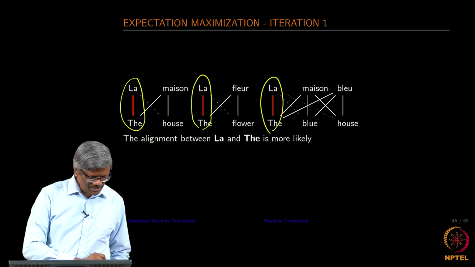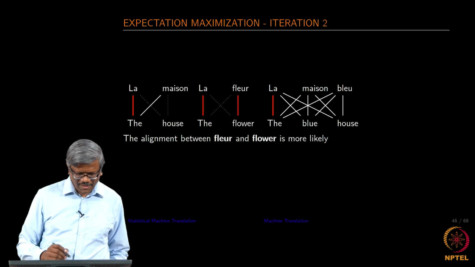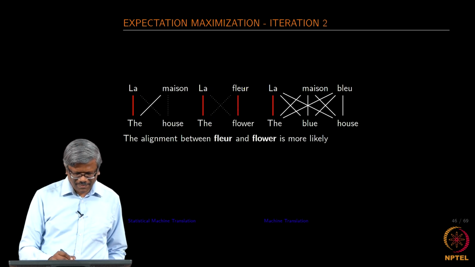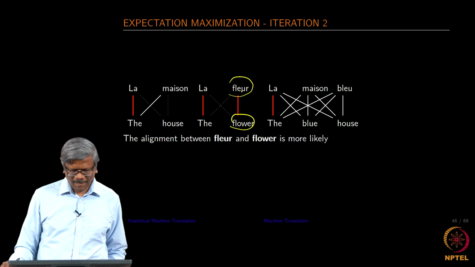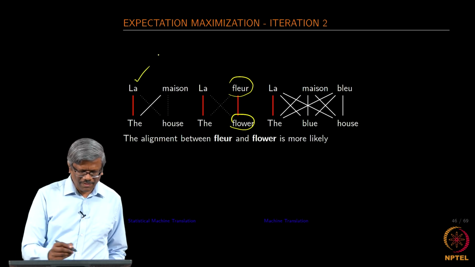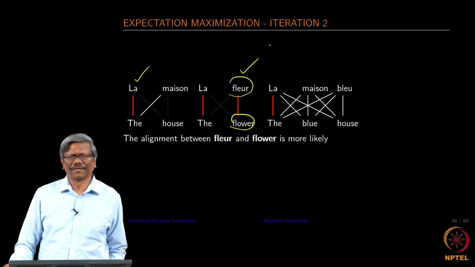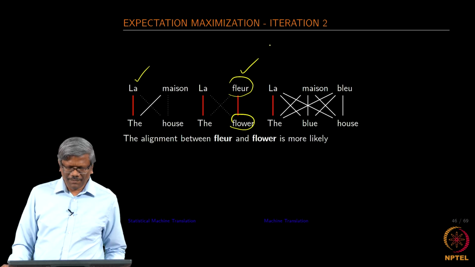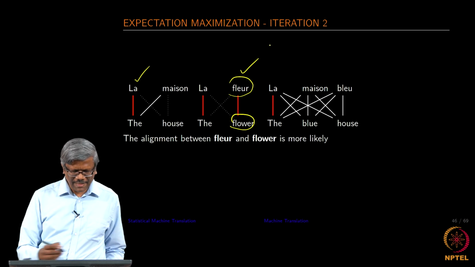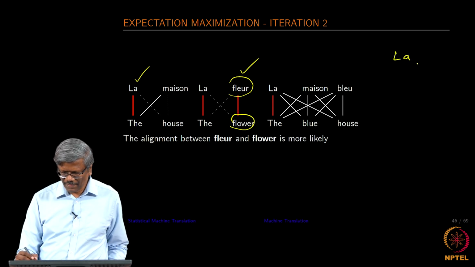Okay. So, as we move along in this iterative process, we will start figuring out that the flower is aligned to this French word. So, we figured out "law," we figured out the second one, and then for the third one we have to figure out how many words we have in this. We have "law" that we need to align.